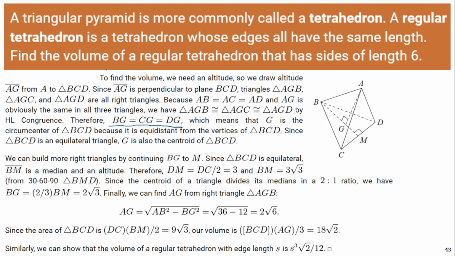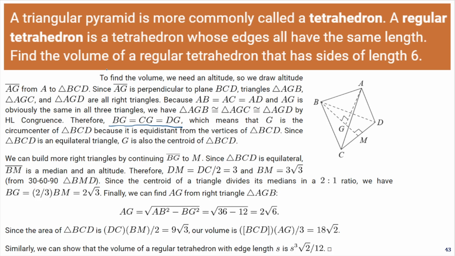Since the centroid of a triangle divides its median in a 2-to-1 ratio, we have BG equals 2 over 3 BM, which is 2 square root 3. And finally, we can find AG from right triangle AGB. AG equals 2 square root 6.